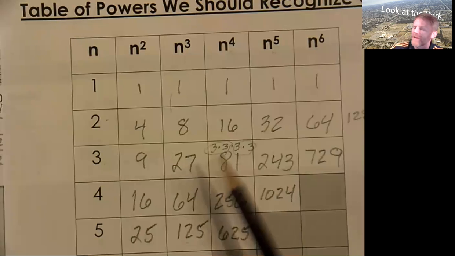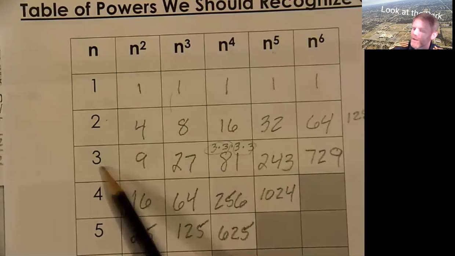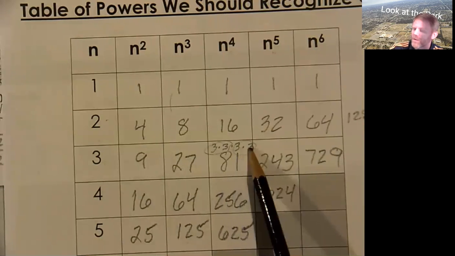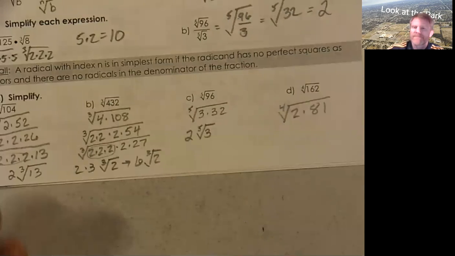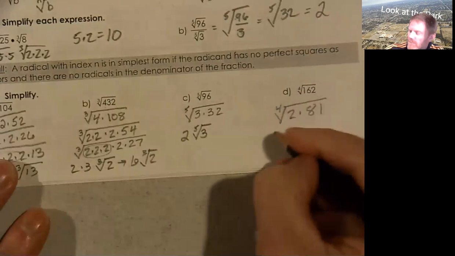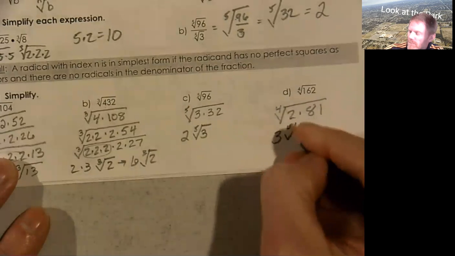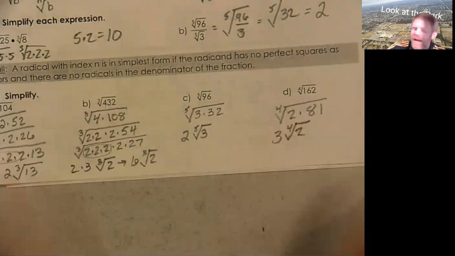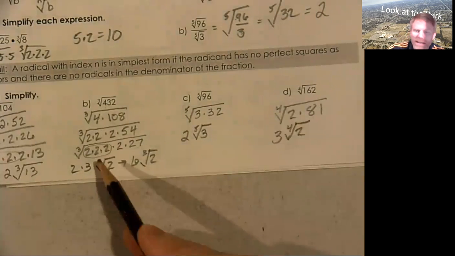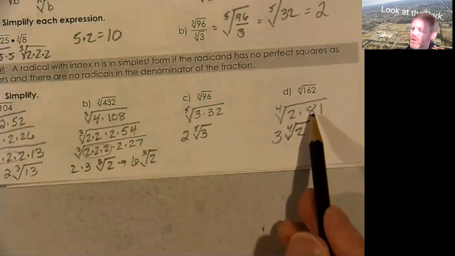So the fourth root of 81 is 3. 3 times 3 times 3 times 3 is 81. So you don't have to write out so much work if you know what your powers are.